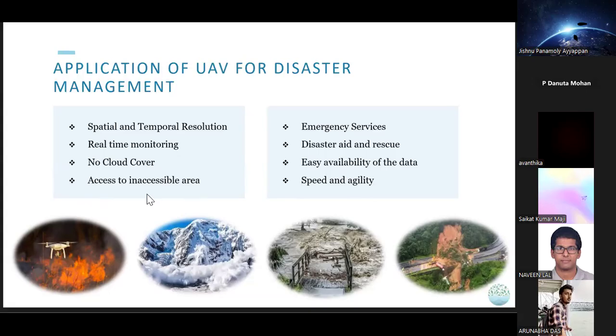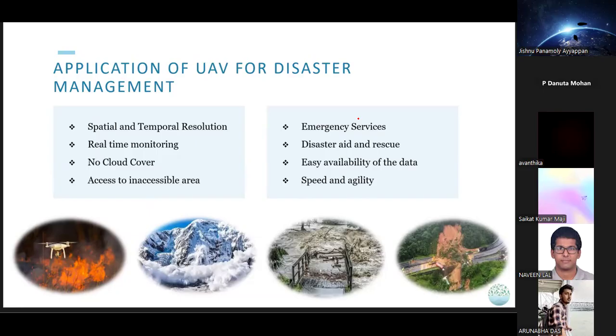If there is a forest fire happening, we cannot physically go there and see the extent of the fire, or predict the direction of its flow. So we can simply fly a drone above the region and capture the data. Same goes for a glacial lake outburst flood, or a mountainous area where there has been continuous rain for days.